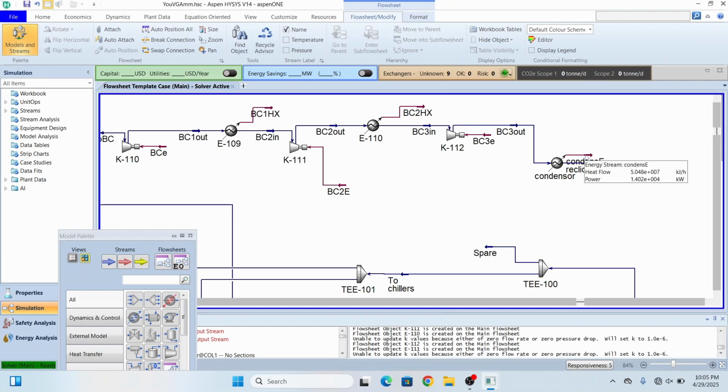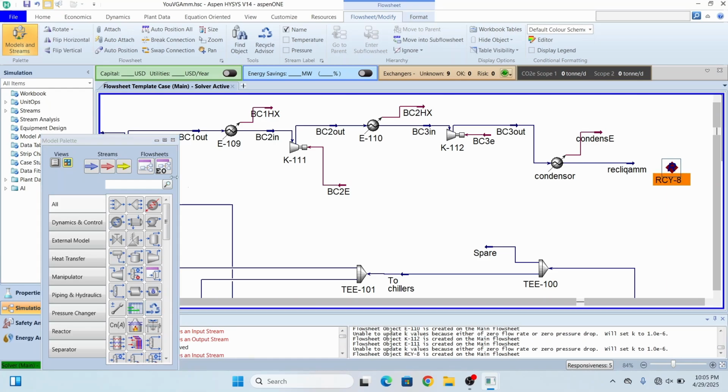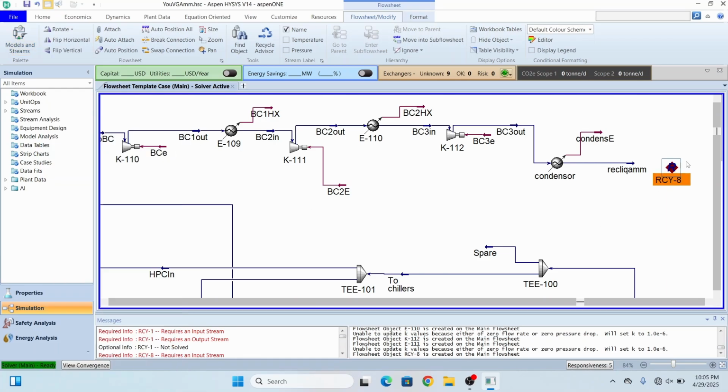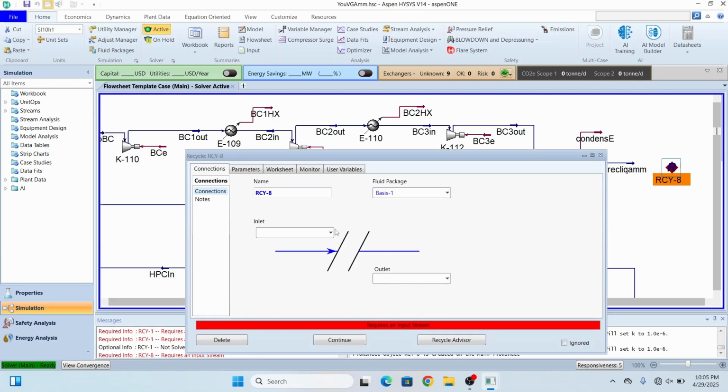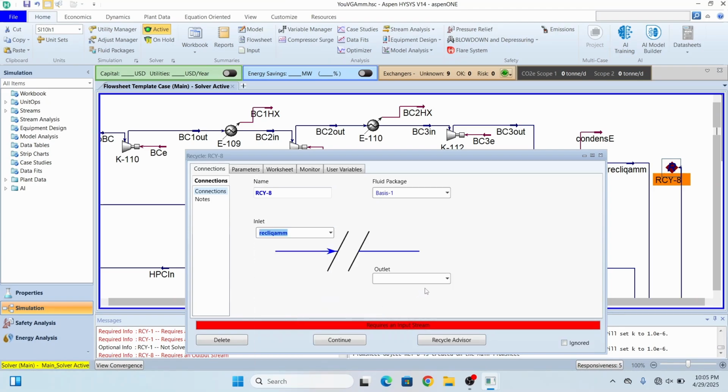As now we are recycling this stream back, so we will be using our recycle function over here. So I will place this recycle over here. I will double click on it. Its inlet will be my recycle, that one.